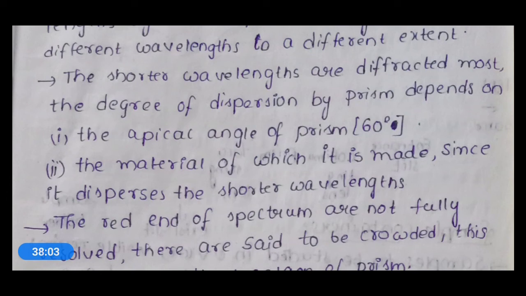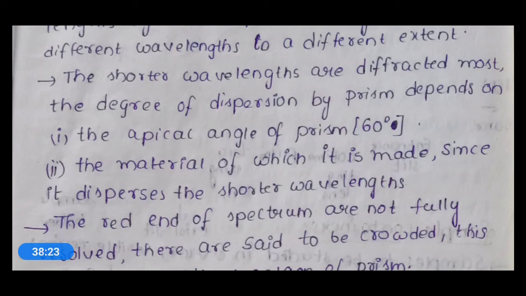Okay, the apex angle of the prism is 60 degrees, and the dispersion of the prism depends on it, and also on the material of which it is made.